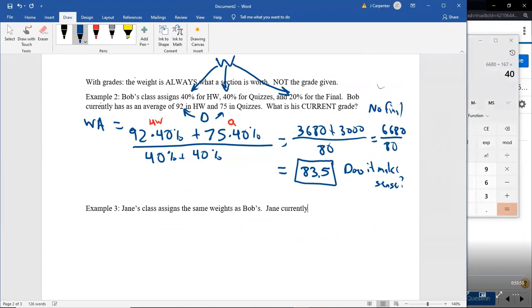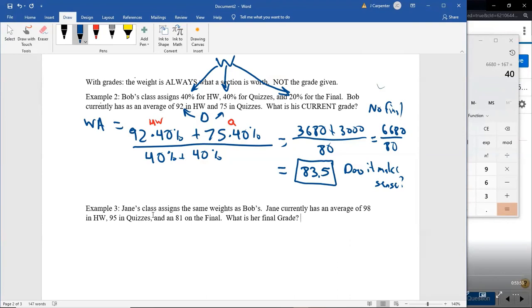Jane currently has an average of 98 on homework, 95 in quizzes, and an 81 on the final. This is her final grade. So I've given grades to all categories this time, which means we can calculate a final grade.